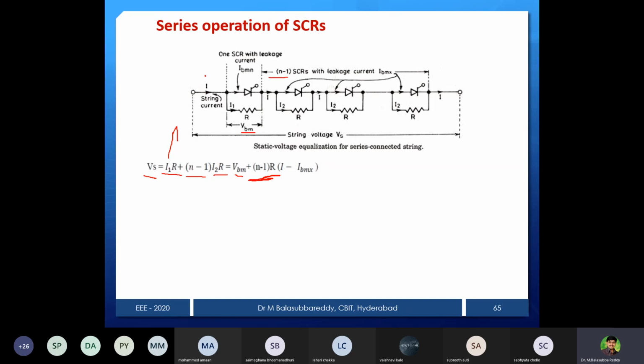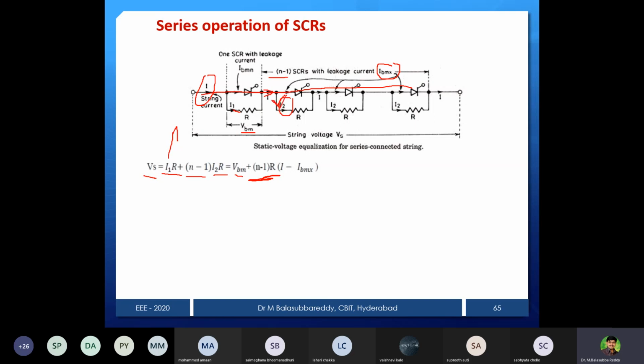You can see the total current is I. One current is passing through I1. The rest of the current passes through I2. So the difference, we can see this total leakage current is IB maximum. Then what is the I2 value? You can easily identify: I minus this leakage current will go to the remaining. Is it clear? The series current is the same, and here it is I. Then I want I2.